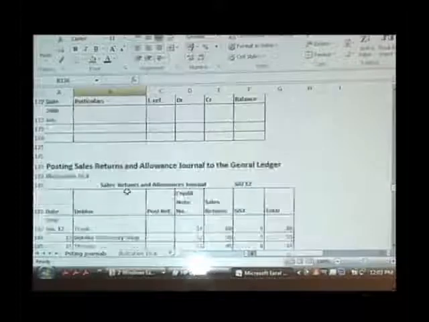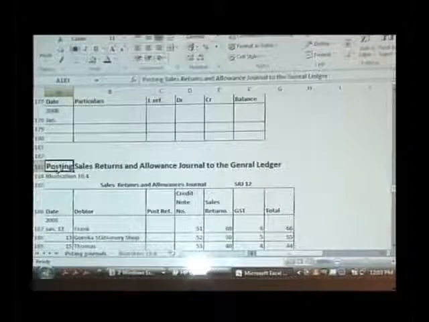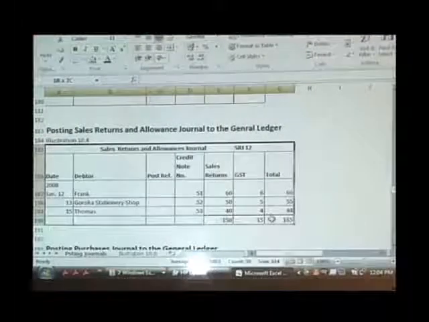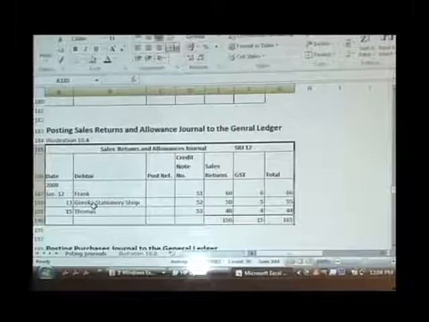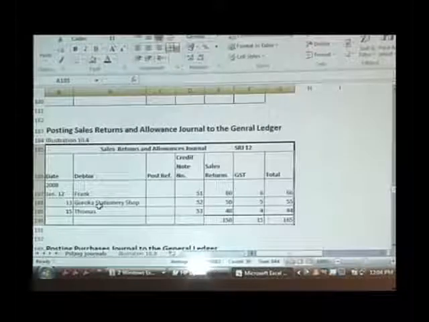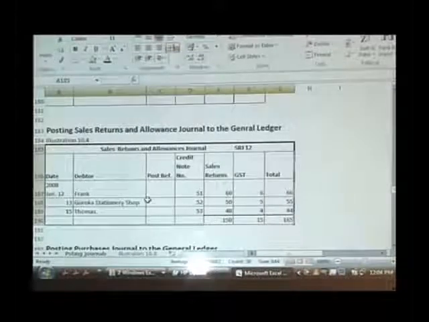Next is to understand posting the sales returns and allowances journal to the general ledger. Turn to illustration 10.4 where you can see this journal, the sales returns and allowances journal. Additional information given: account balances and the chart of accounts.